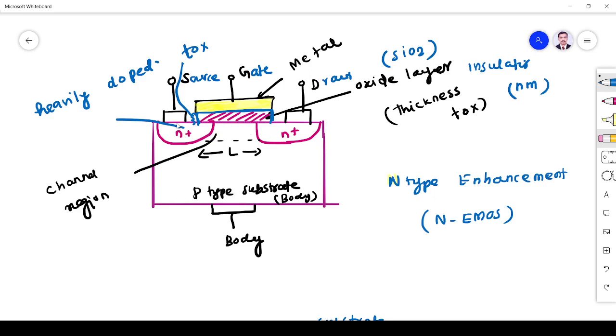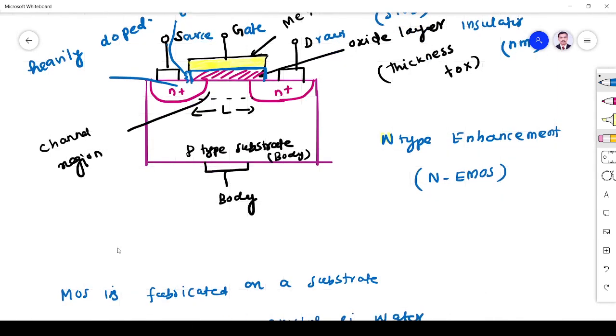One is called source, another one is called drain, right? Next, we have one oxide layer above the substrate. Then one metal is deposited over the oxide layer. From that, we take the gate electrode, right? Then you see from all the layers, we have terminals taken out: source, gate, drain, and body. So that is the thing you have to remember.